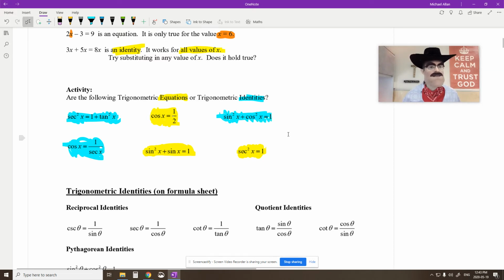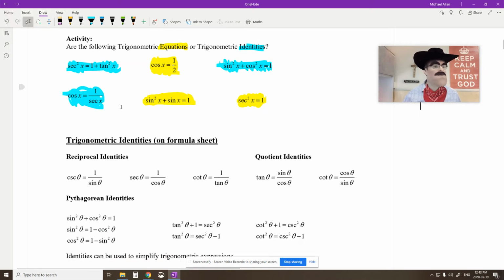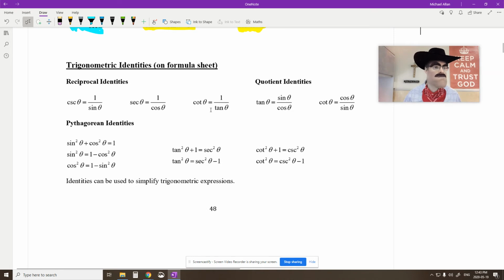So a few identities that we know already that are on our formula sheet that we've played with before are, here we got the reciprocal identities, like cosecant is equal to 1 over sine, secant is 1 over cos, et cetera, et cetera. Then we got the tangent and cotangent identities.